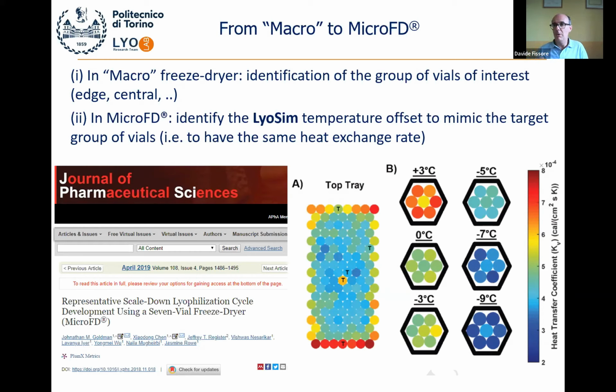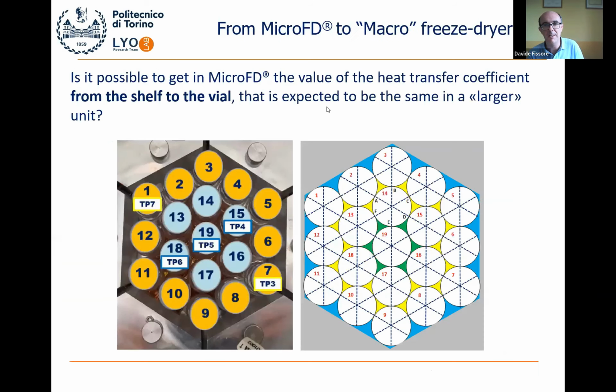So you select the temperature offset, and you will be sure that your MicroFD will behave like the central vials of a larger unit or like the external vials of the larger unit. So besides providing significant time saving and raw material saving, it gives you the flexibility to replicate this type of dynamics. But you have also another possibility.